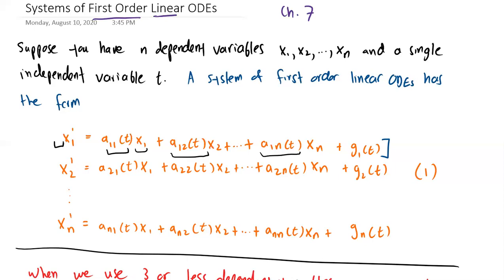Let me just say it more simply: whatever is not multiplied by any derivative is by definition a function of t, which is an expression only involving t's and constants. So no dependent variables show up where they're not supposed to.